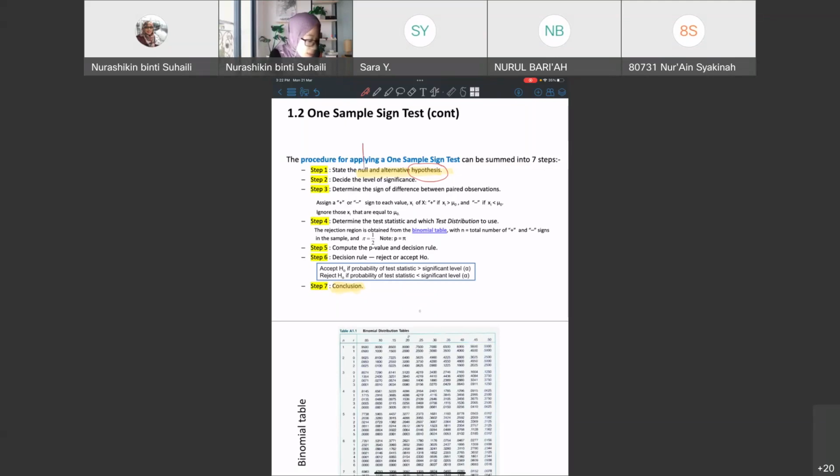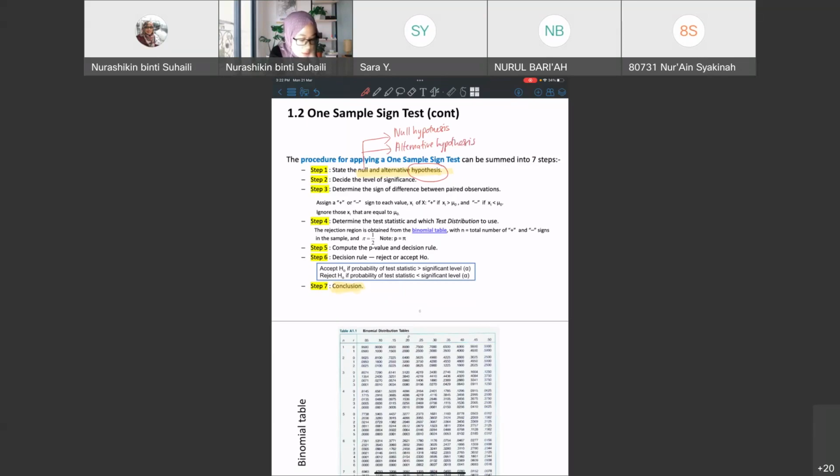So when we say null hypothesis, null is something related to nothing happened or there is no change. It is a hypothesis that you will set. And then we have the alternative hypothesis.